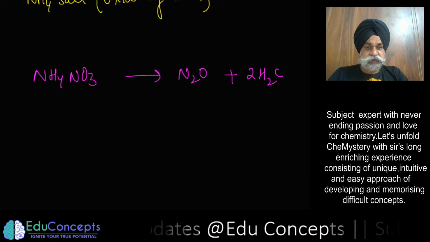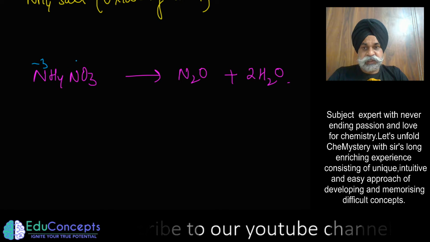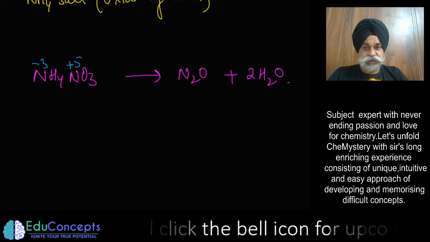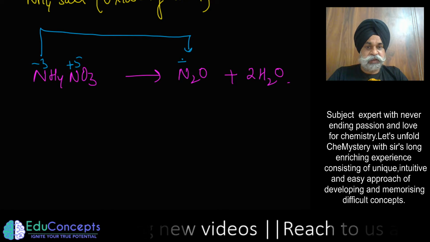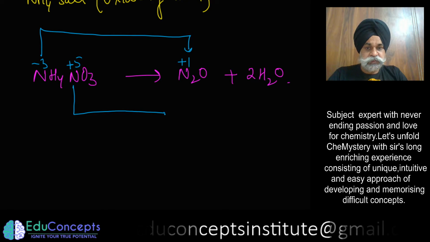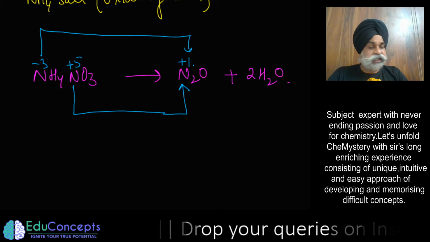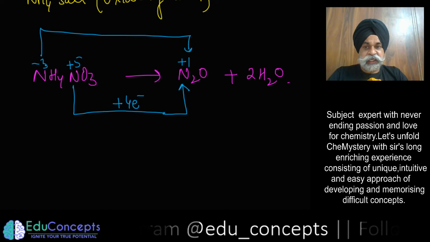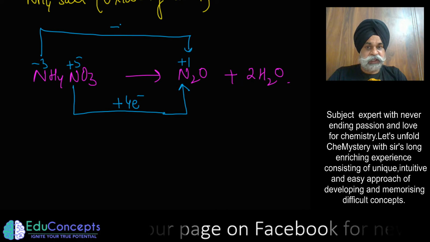So 2 water would go out, so this is in -3 oxidation state, and this is in +5 oxidation state. So this is going from -3 to +1, and this is going from +5 to +1. If +5 to +1, it is gaining 4 electrons, and -3 to +1, it is losing 4 electrons.